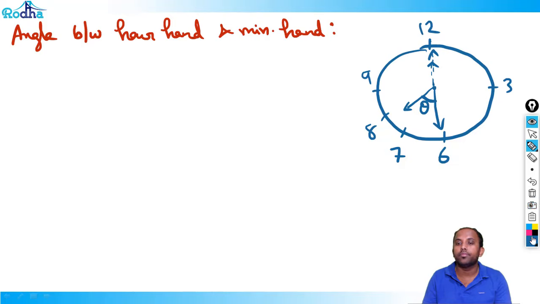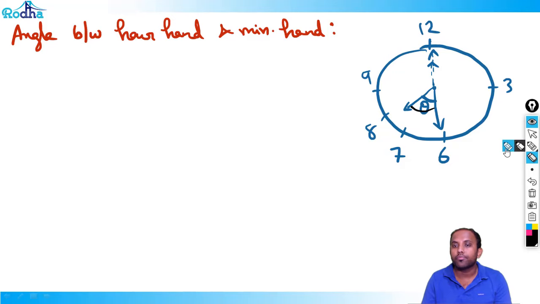This theta will be found by the total angle traveled by the hour hand from 12 minus the angle traveled by the minute hand. This will give me this theta. This is my logic here.